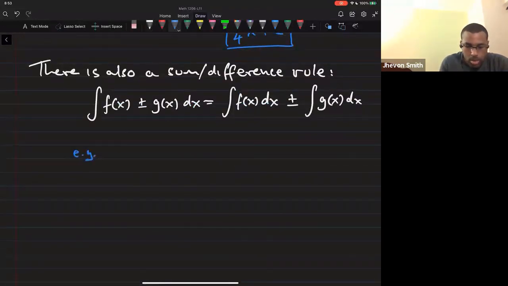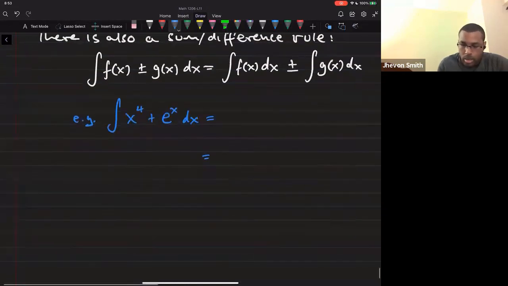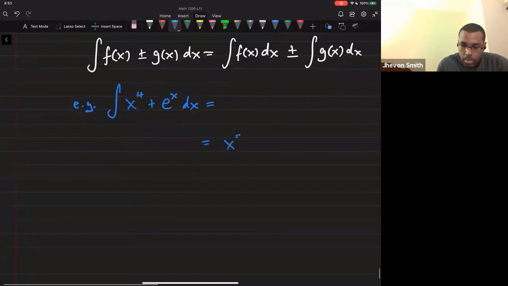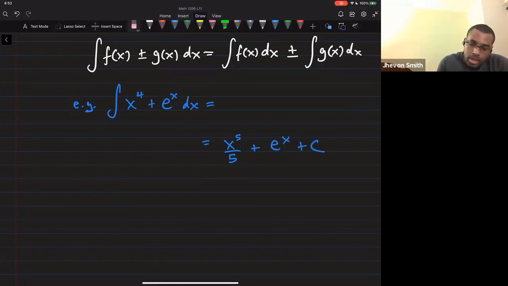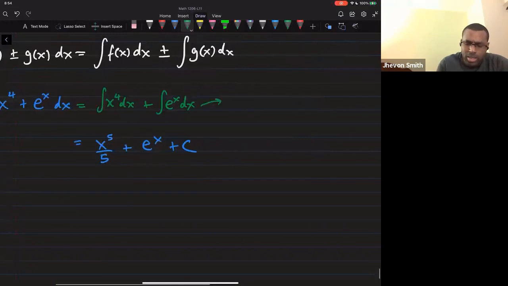Example, the antiderivative of, say, x to the 4th plus e to the x dx, that is the same as applying the power rule to the first guy and applying the exponential rule to the second guy, plus c. So that would be the same as doing the x to the 4th first and then doing the e to the x second, but you don't have to write this line.